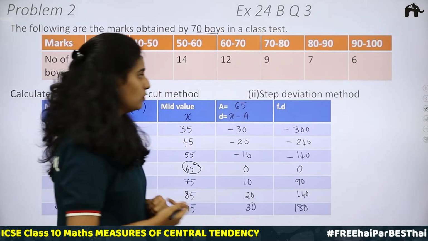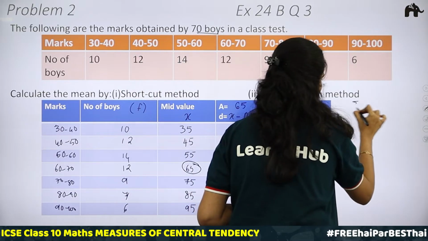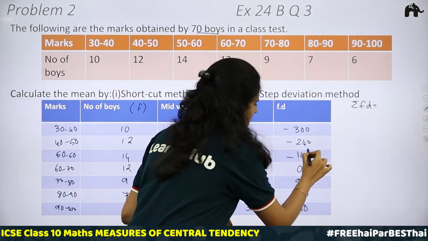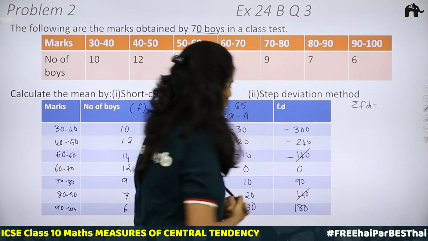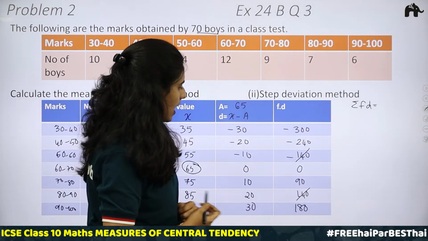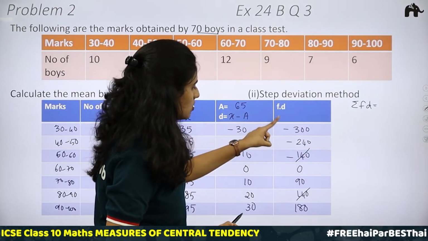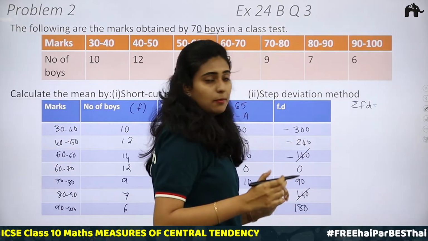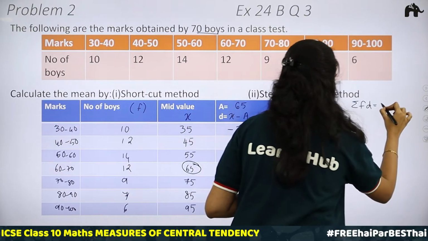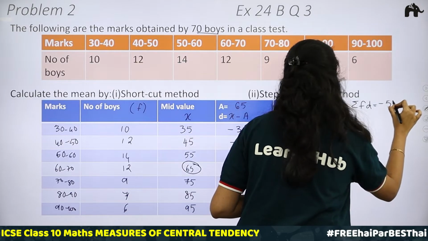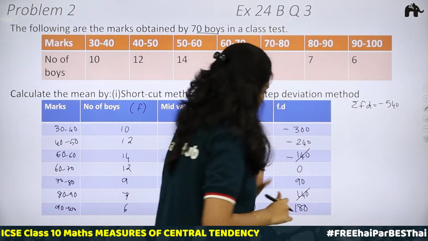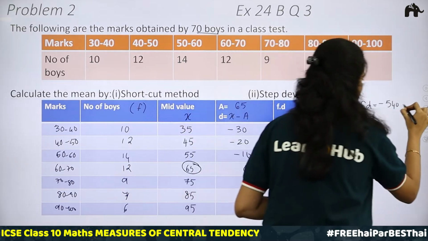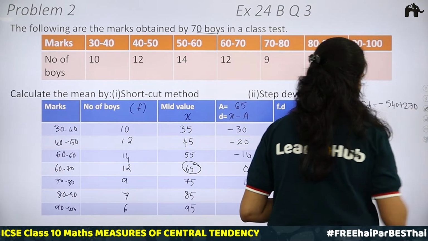So we have to find what summation FD is equal to. Here, this minus 140 and plus 140 can be cancelled. Then we add all of this. Take the negative part first: minus 300 minus 240 will be equal to minus 540. For the positive part, we have 90 and 180, therefore plus 270.